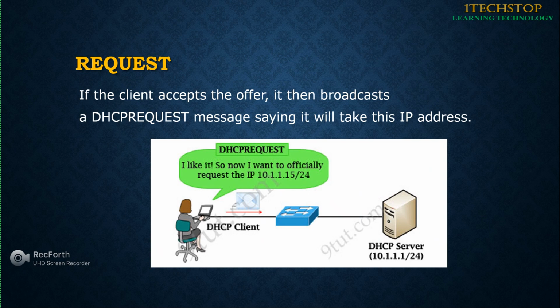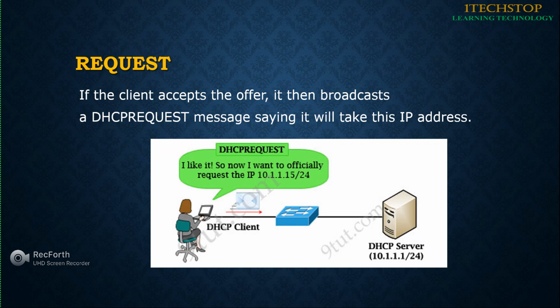Now, whenever a DHCP server offers an IP address to a client machine, it depends on the client machine whether to accept that IP address, or it may also deny it and request another IP address. So for example, here the request has been sent from the client to the domain controller.